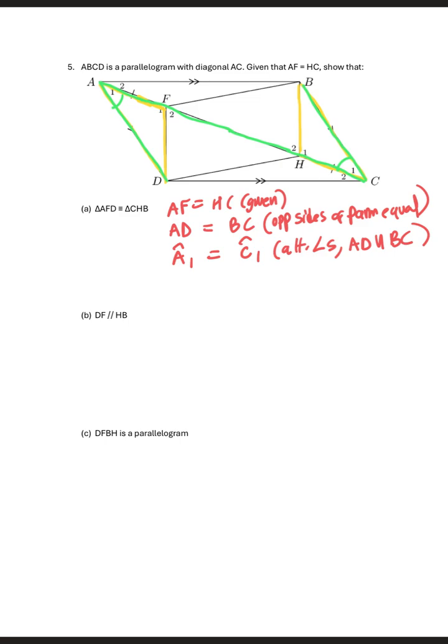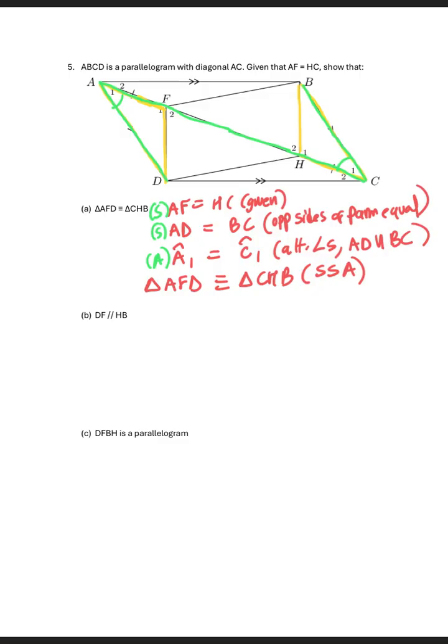Therefore, we have side, we have angle, right? Therefore, we can make a conclusion and say that triangle AFD is congruent to triangle CHB. Reason, side angle.